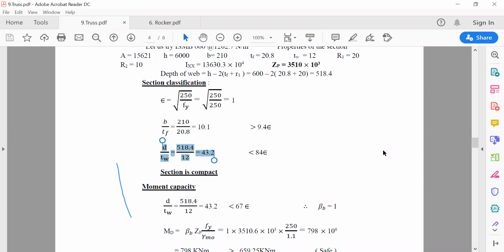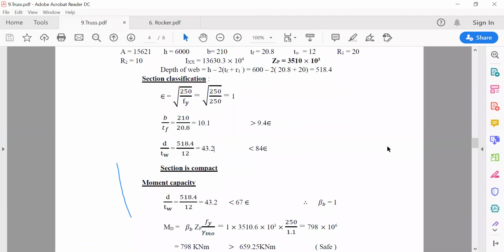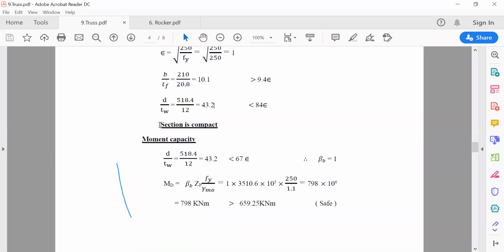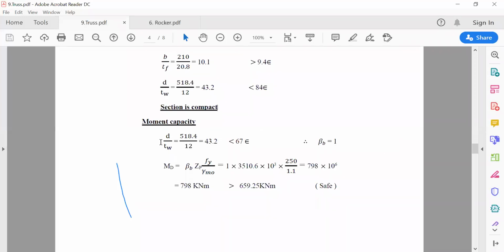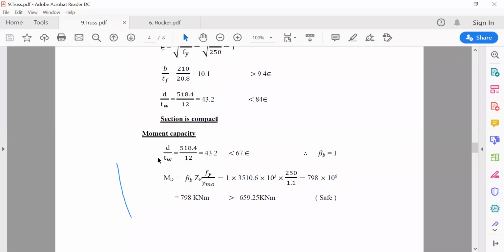After that you get that the section is compact. Then you have to find this value, D by TW, which is less than 67 epsilon naught.